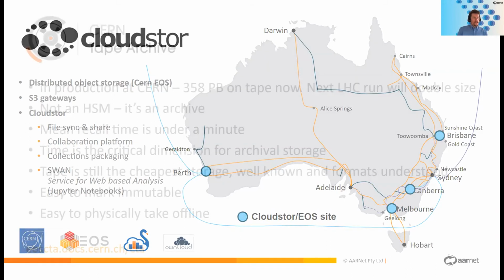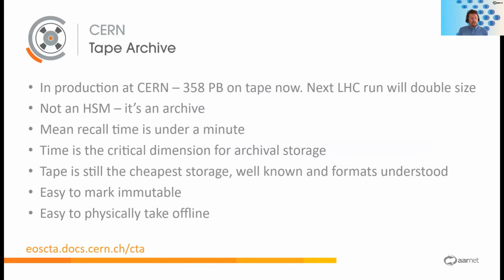In the pipeline for us, we're expecting to have a tape archive based upon the CERN tape archive service. We expect that to be up and running during next year. We're implementing this for our own purposes. This is not an HSM or tiered storage service.